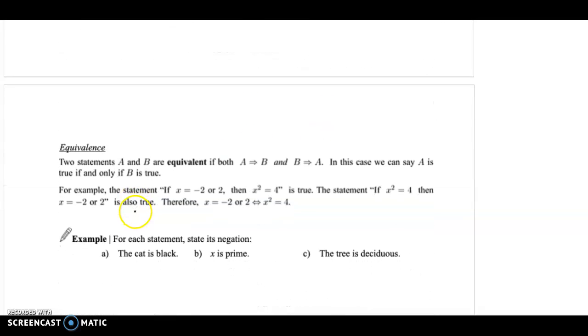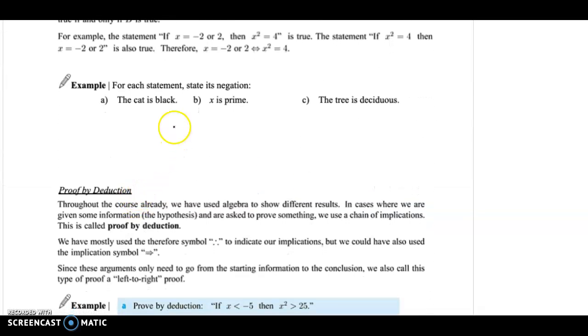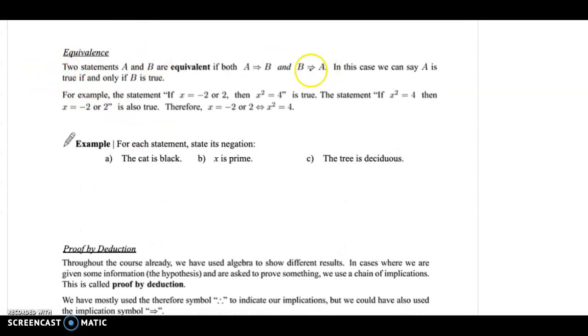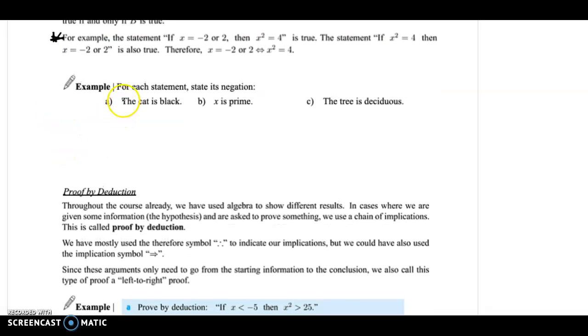So we're going to look at statements like this. Equivalence, I've already stated, is just saying that it's going to be true in both directions. Here's a nice example that I would guide you to. Have a look at that. For each statement, find the negation.